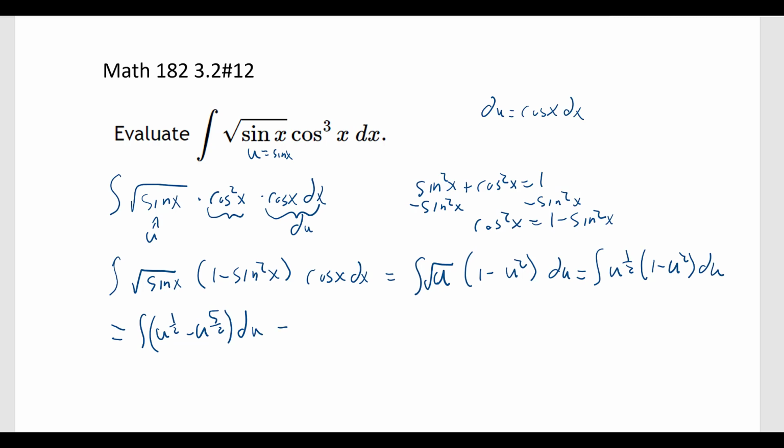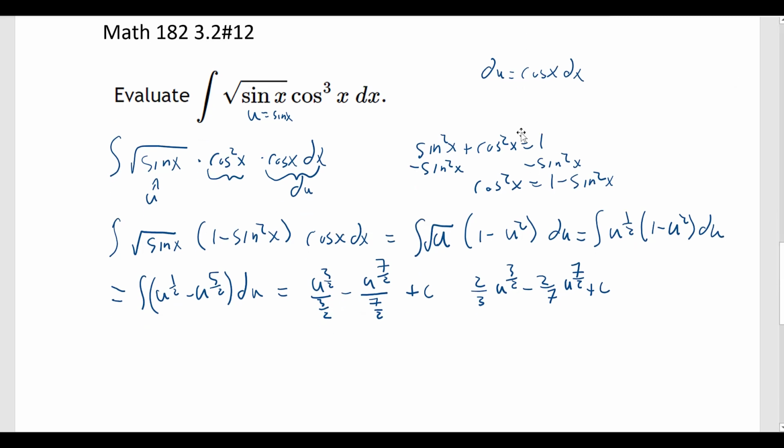And integrating that, it's going to be u to the 3/2 divided by 3/2 minus u to the 7/2 divided by 7/2 plus c. So it's going to be 2/3 u to the 3/2 minus 2/7 u to the 7/2 plus c.